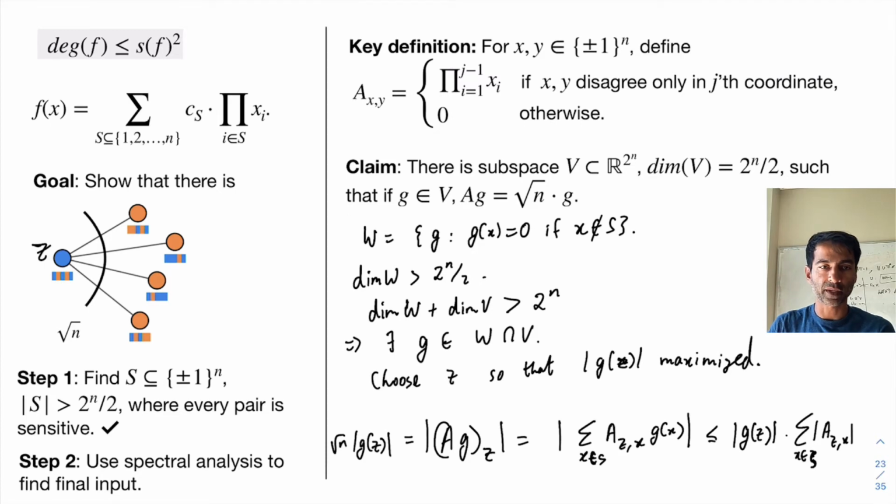Okay, because every pair in S is sensitive. So that completes the proof. The only thing we need to prove is the claim, and this is the key part of the entire argument. And the matrix A has been constructed so it satisfies this claim.